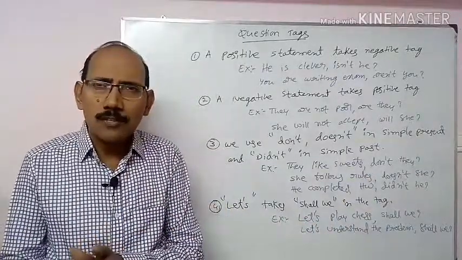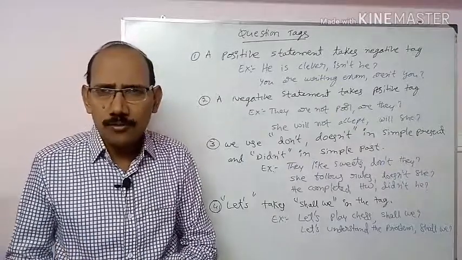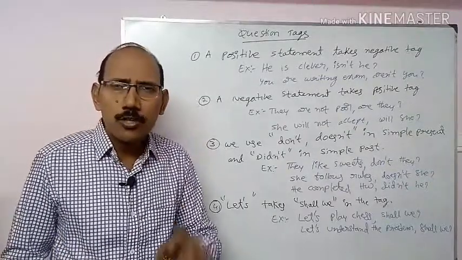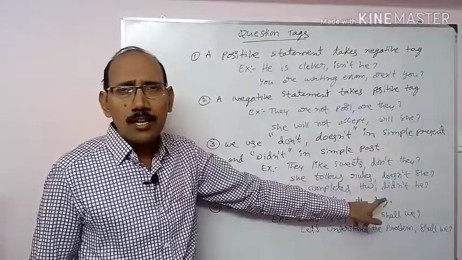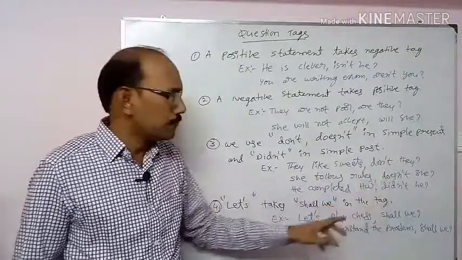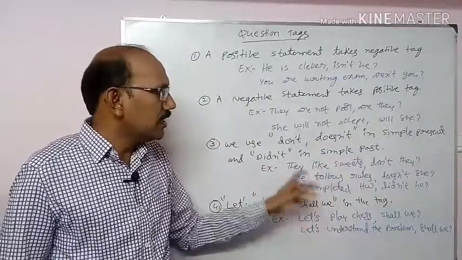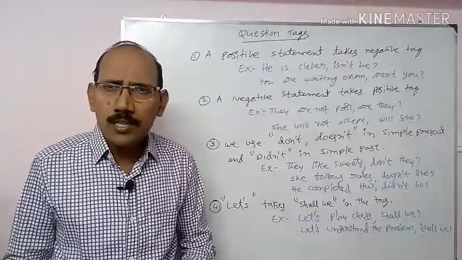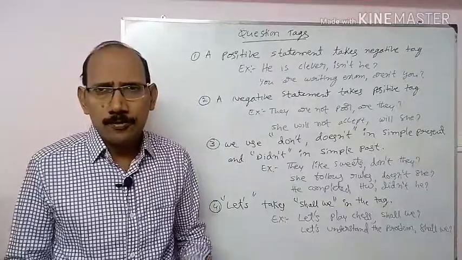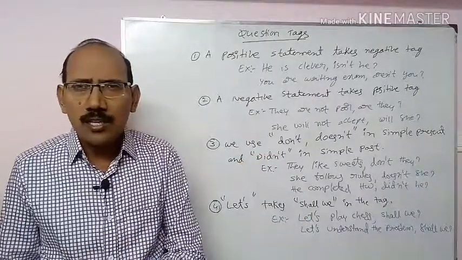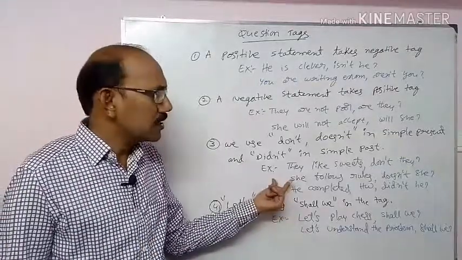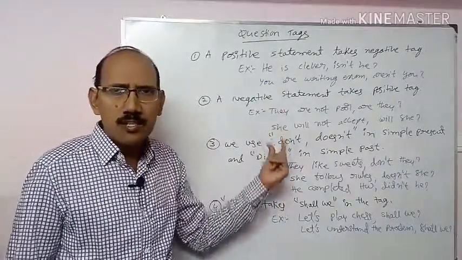As I already mentioned, you need to go through the link given in the description, so that you will understand why we are using don't here, why we are using doesn't here, and why we are going to use did not in the third sentence. He completed homework, didn't he? So we understood that a positive statement takes a negative tag and a negative statement takes a positive tag. This is also based on the first and second topics only.